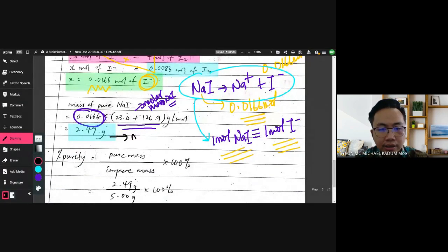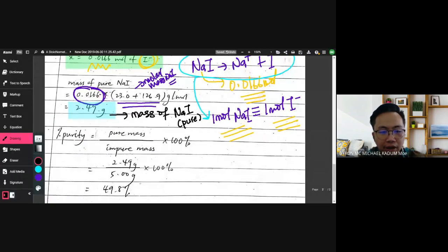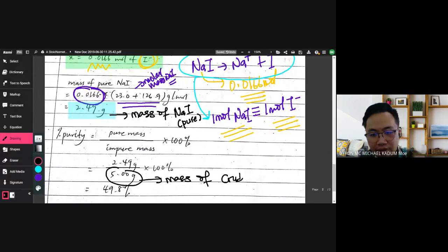So this is mass of NaI yang purely NaI. So we take 2.49 grams, divide by ini. This is the mass of crude NaI.